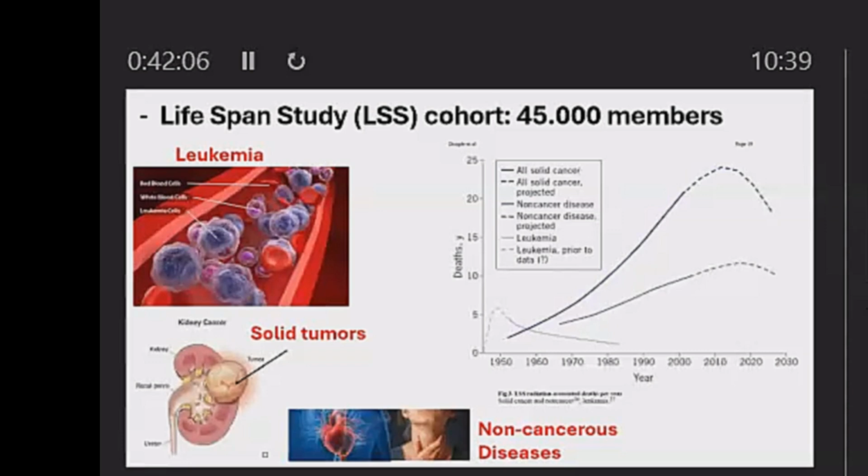And note that people are still getting these solid tumors, even at an accelerated rate, 50 years after the initial dose in 1945. So if you get a radiation dose, the data says that the risk lasts your whole life. You have increased risk of solid tumors your whole life. And this line here is the non-cancerous diseases.